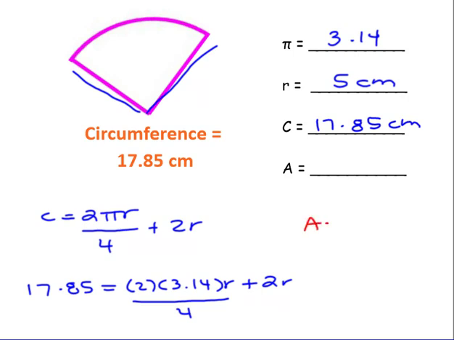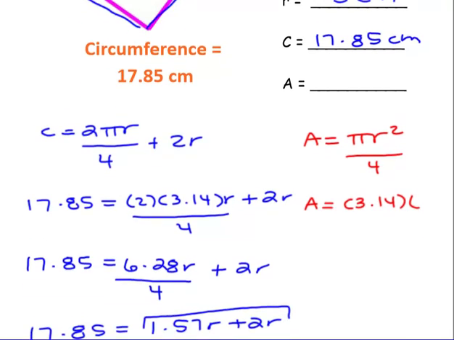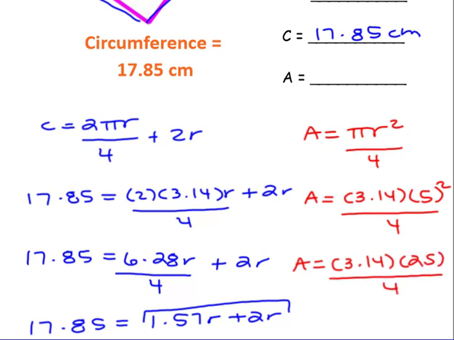Now I'm going to take my radius and I can work forwards to find the area. So area equals pi r squared divided by 4 because it's a quarter circle. So area equals 3.14, and the radius was 5 squared, divided by 4. So area equals 3.14 times 25 divided by 4.